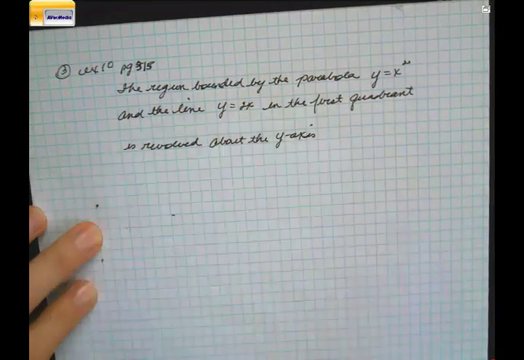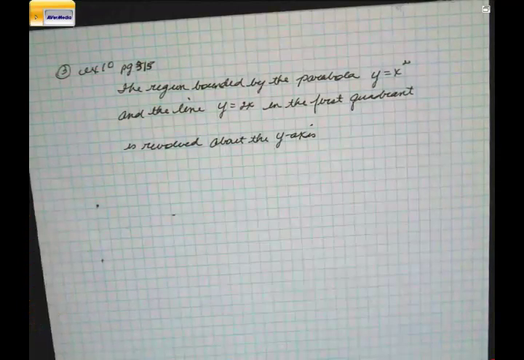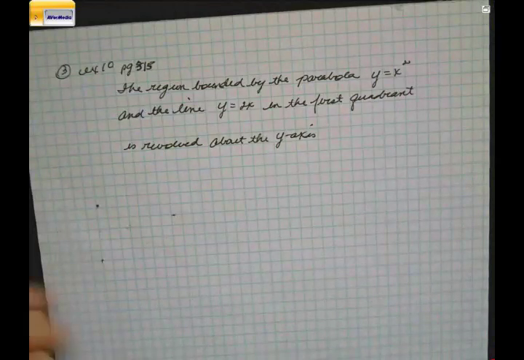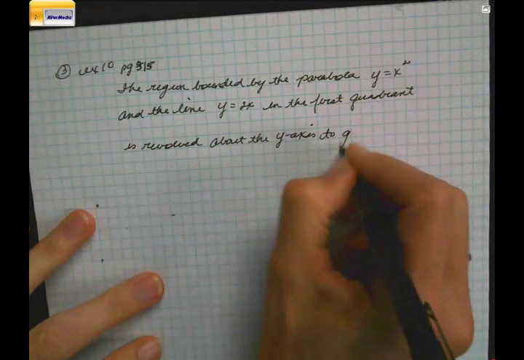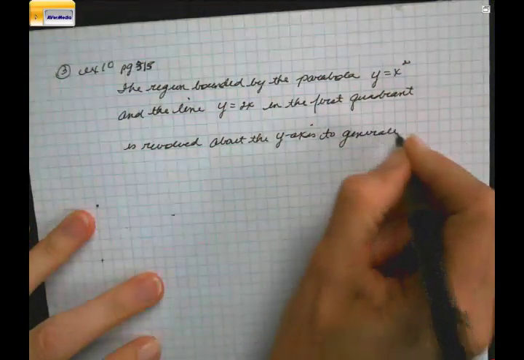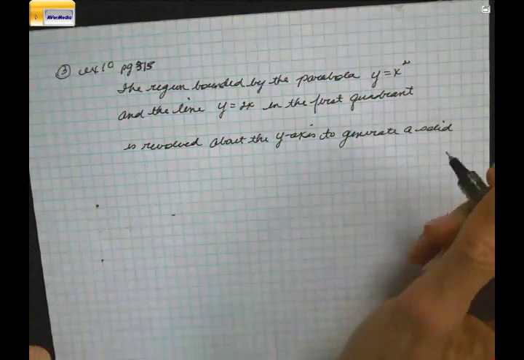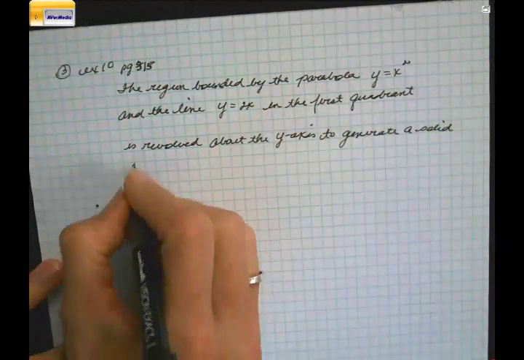Okay, real quick, you see that? Revolving about the y-axis. This is going to be a dy. Okay, it's going to be a dy situation to generate a solid. Find the volume of the solid.